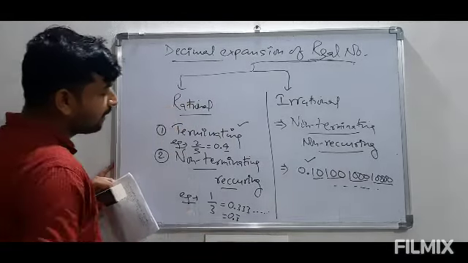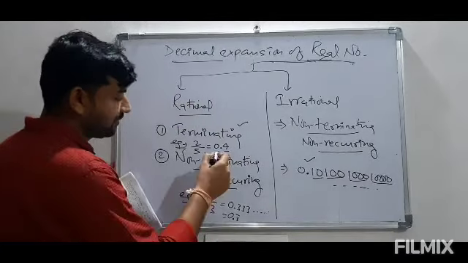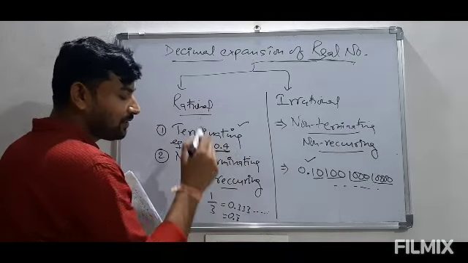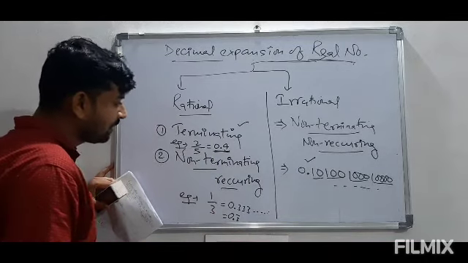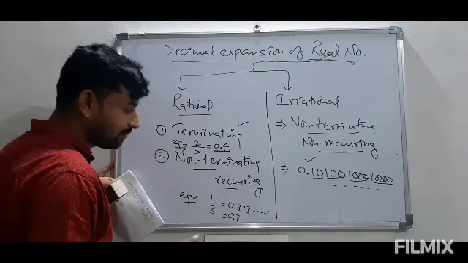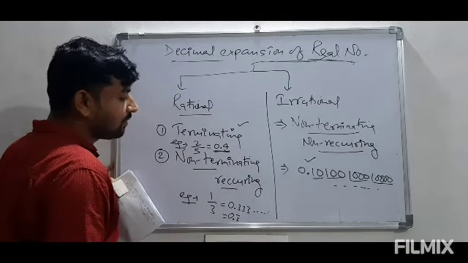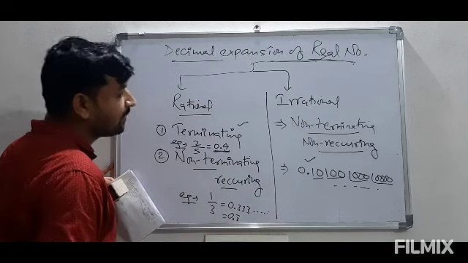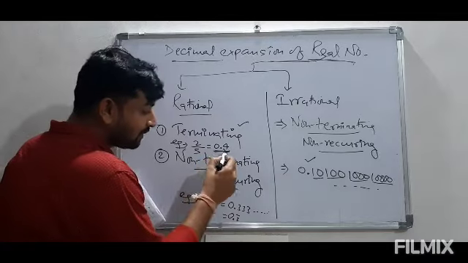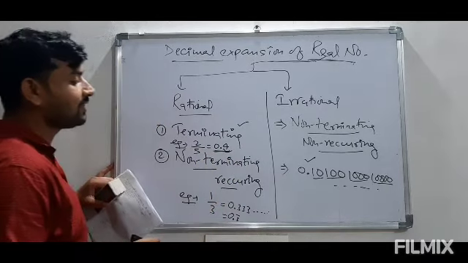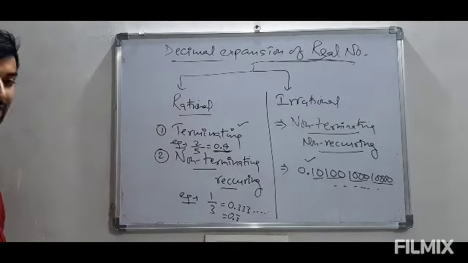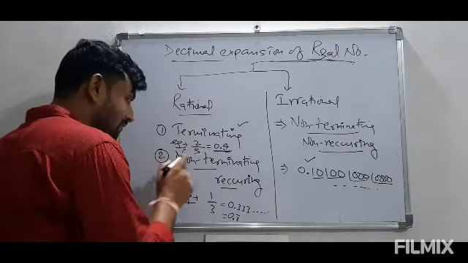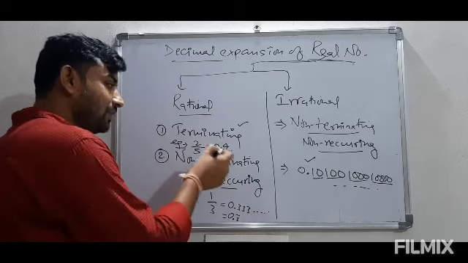But in the case of a rational number, one type is terminating, where after some digits it will be terminated, means there will be no repetition of division, or in case of non-terminating there will be repeated division. Now whenever there is a terminating type of decimal, it means whenever the division process is complete, the remainder will be 0.